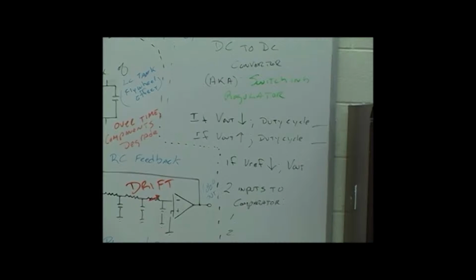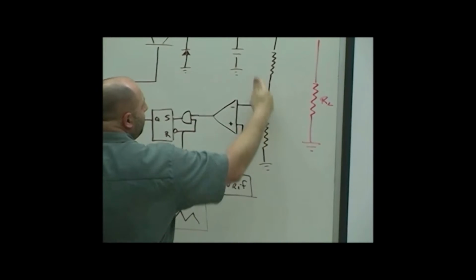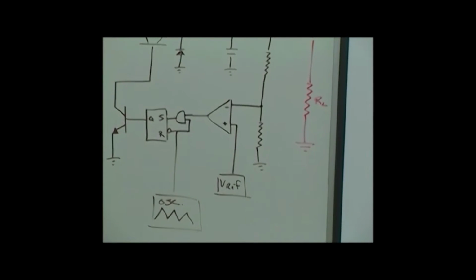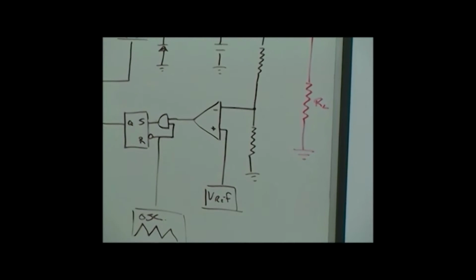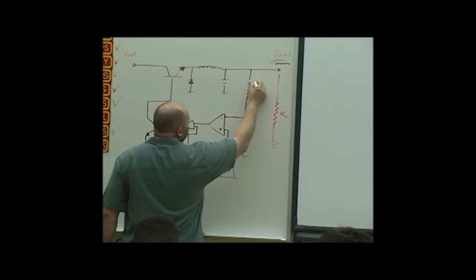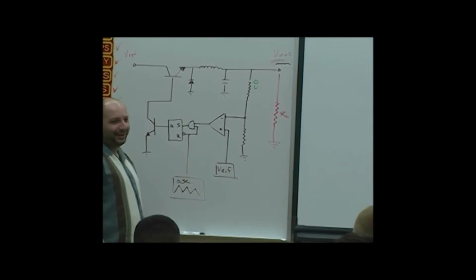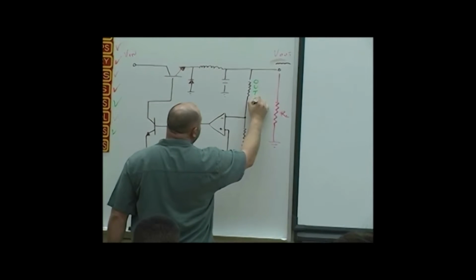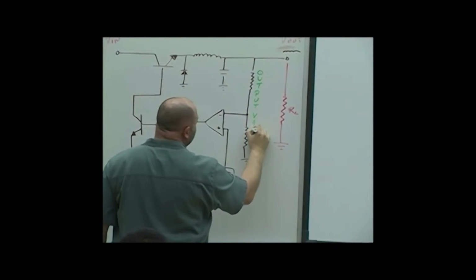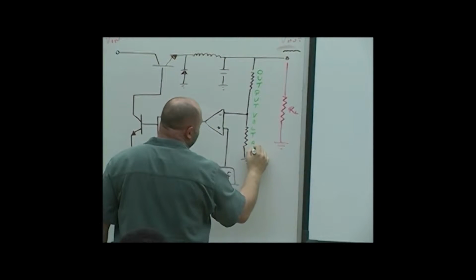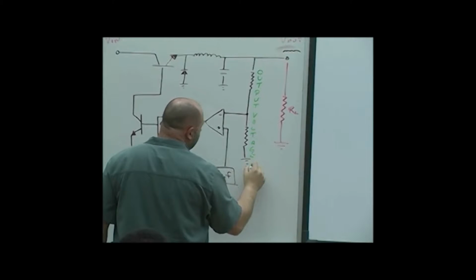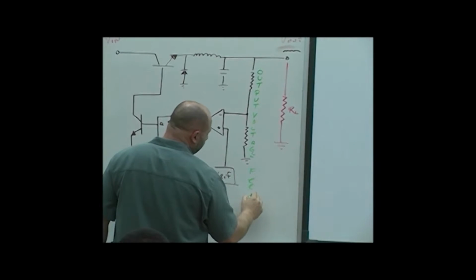So some key things about this. We talked about duty cycle, the different functional areas. This portion right here, these two resistors in series, what is that referred to? Voltage divider. This is called the output voltage feedback.